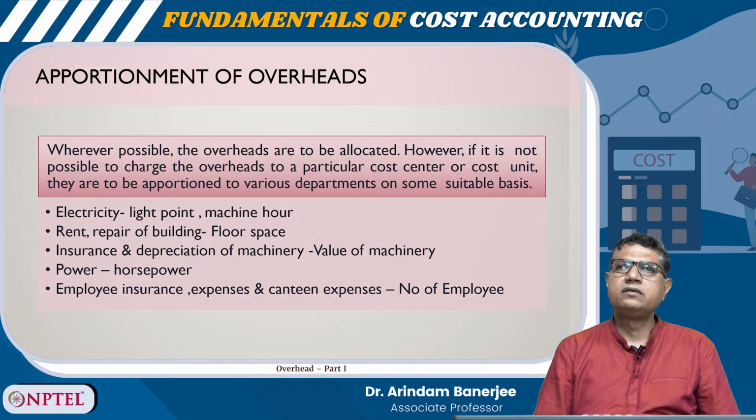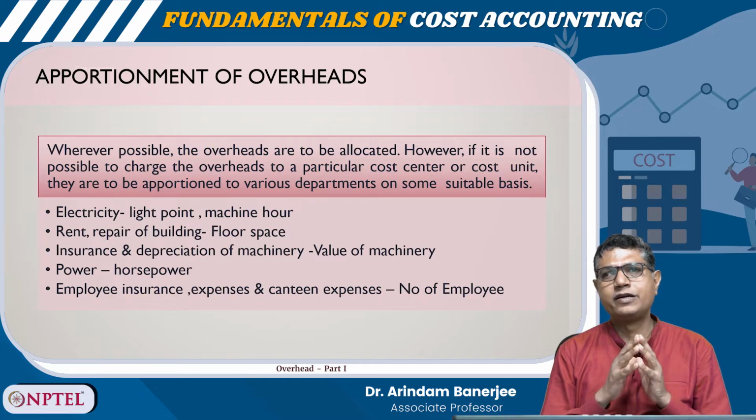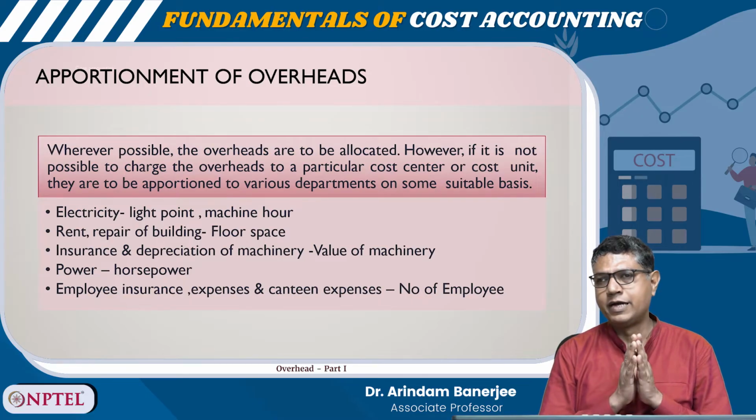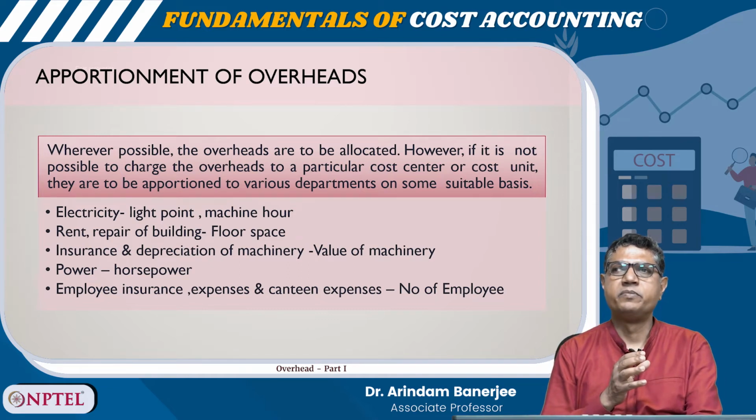So, these are different examples, right, on the basis of which the overhead can be apportioned, because overhead you cannot always directly allocate to the direct product. So, you can use other reasonable bases for apportionment of it to the appropriate department.